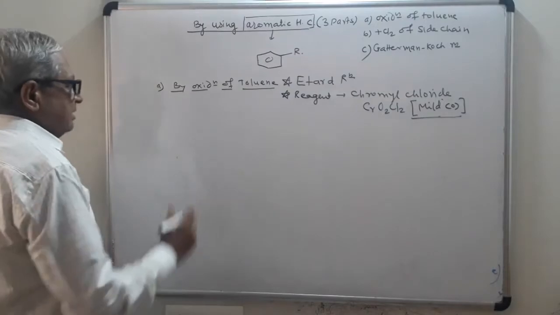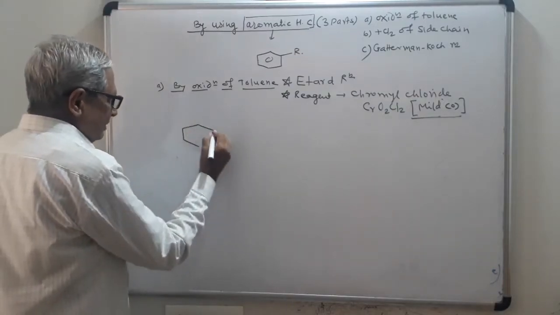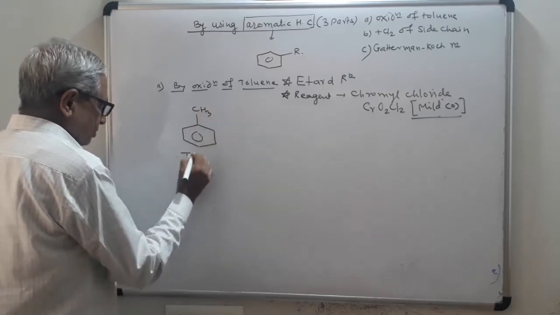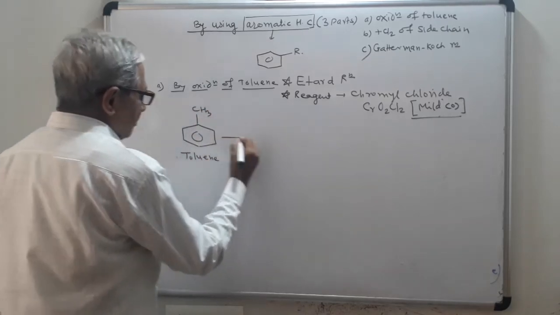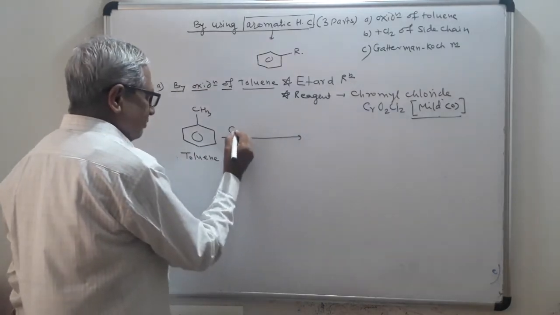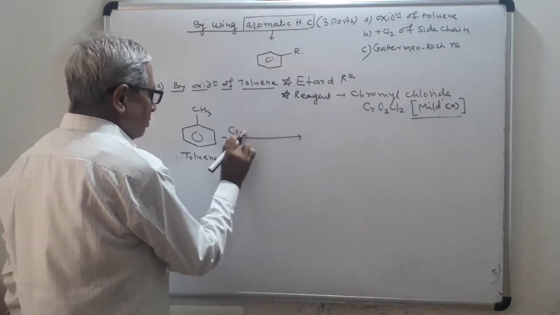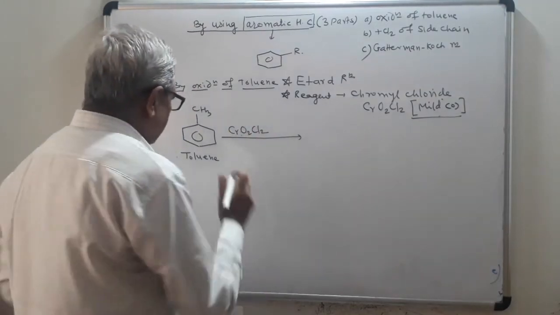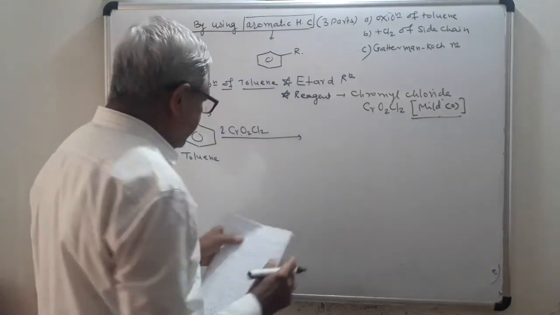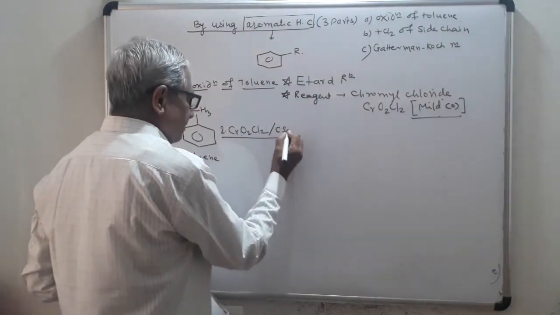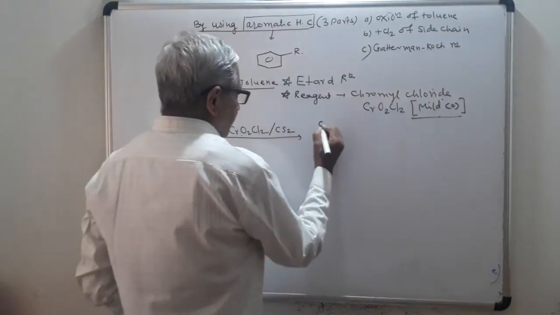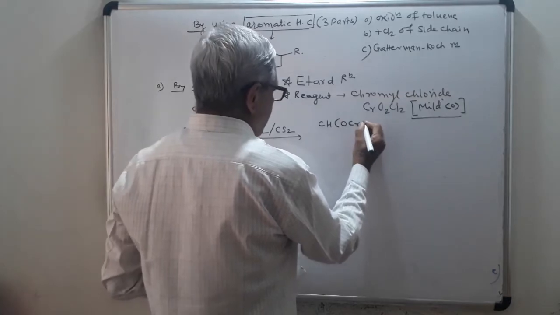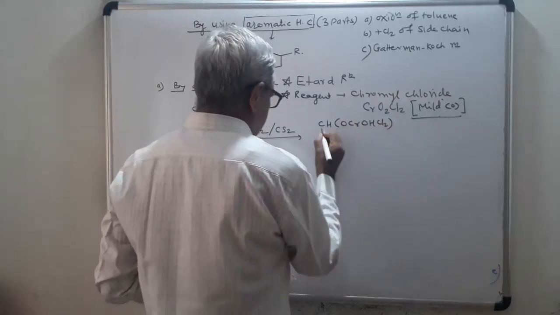Now see the reaction here. Toluene, benzene ring directly attached to CH3. This is your toluene. It is a common name as well as IUPAC name. You will do the oxidation with chromyl chloride, CrO2Cl2. 2 molecules of CrO2Cl2 will be required. This reaction is carried out in presence of carbon disulfide. You will get here C6H5CH(OCrOHCl2)2.